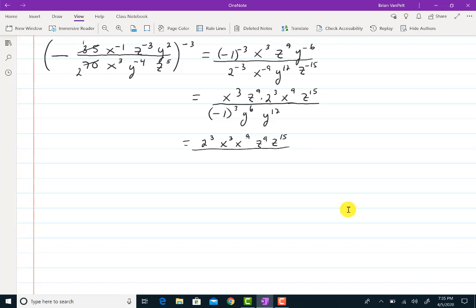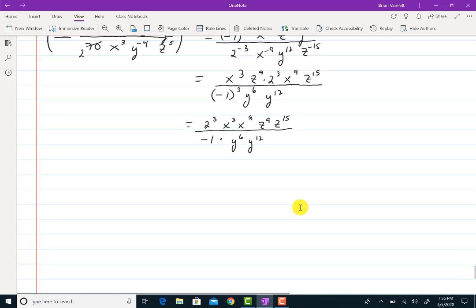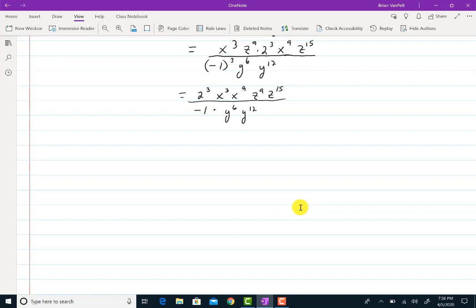In the denominator, negative 1 to the third is just negative 1. Then I have the y to the 6th and y to the 12th. Now remember, what I'm going to do is add up all these things. And I did mention the negative, it doesn't matter where it occurs, so you can just simply put it out front and leave it be.